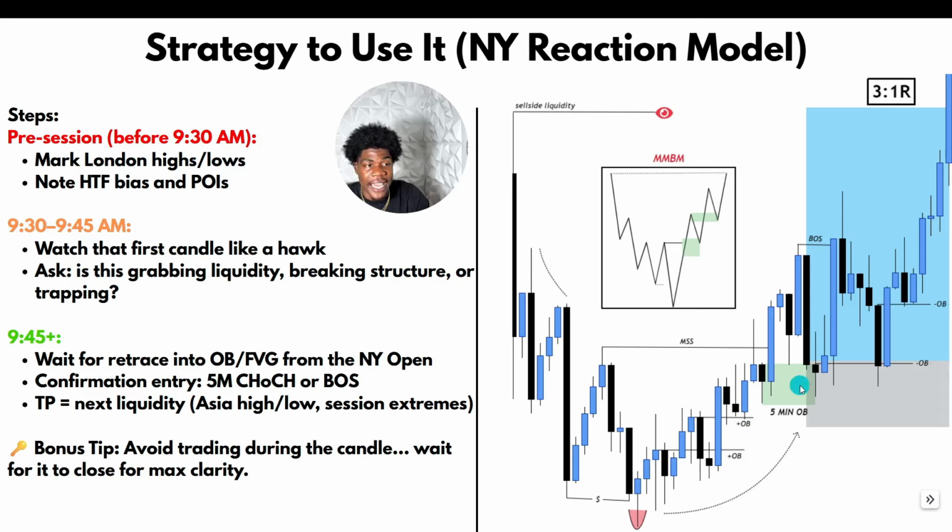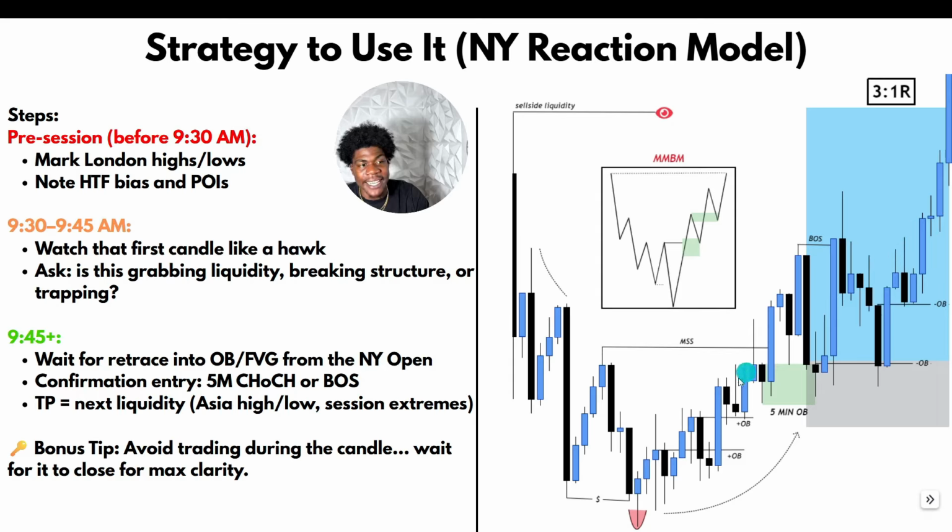But this was the last one, this 5-minute order block, right? That's when price pulled back, cleared that internal range low to then extend higher here and give us that full body breakup structure. It wasn't even until this last pullback right here, where price pulled back and cleared this order block, that we started getting this crazy extension.